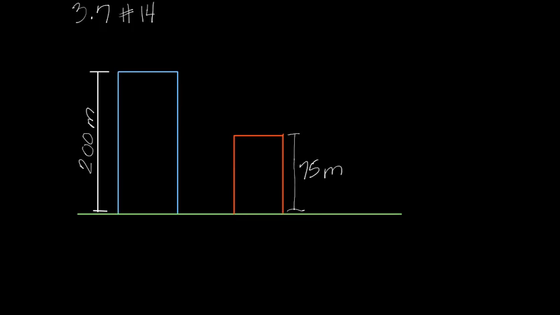But the equation they give you is for this distance right here. So that distance is represented by the equation the book gives you, which is d equals 125 minus 5t squared.